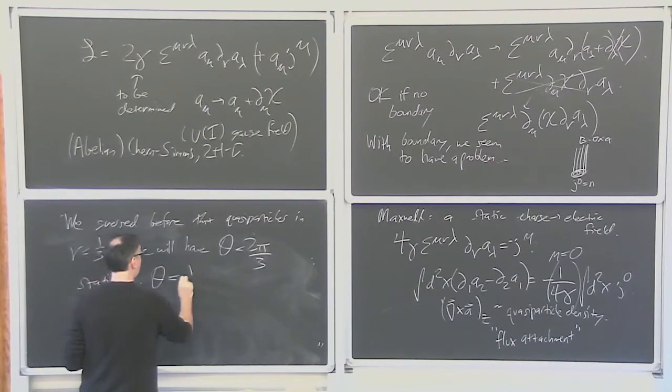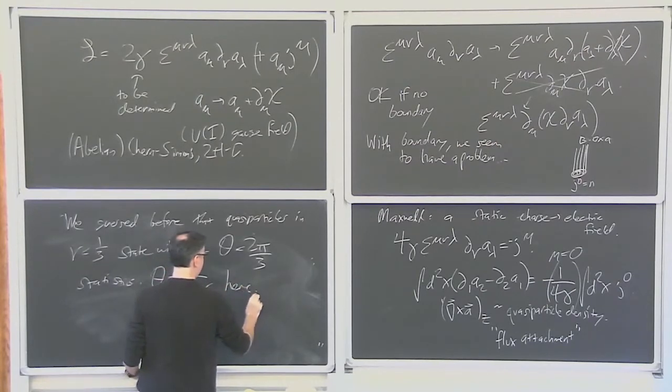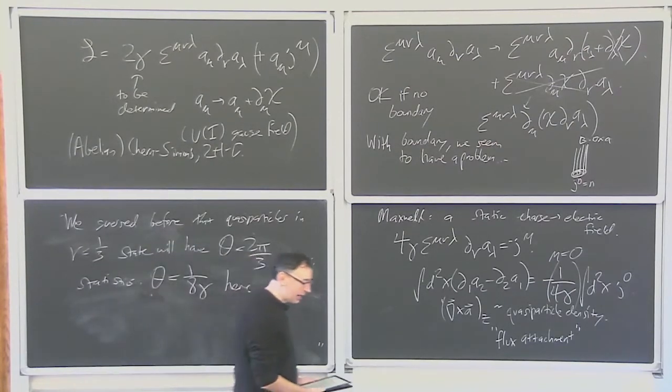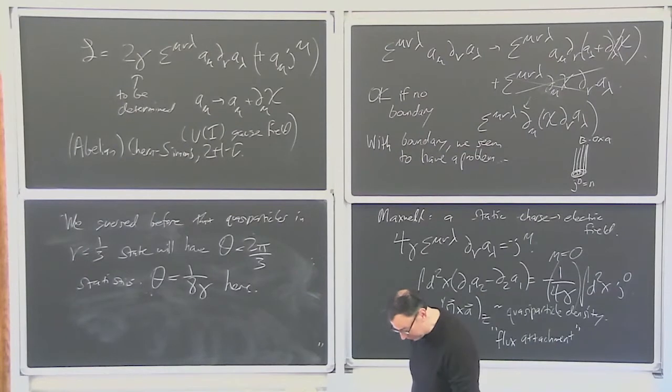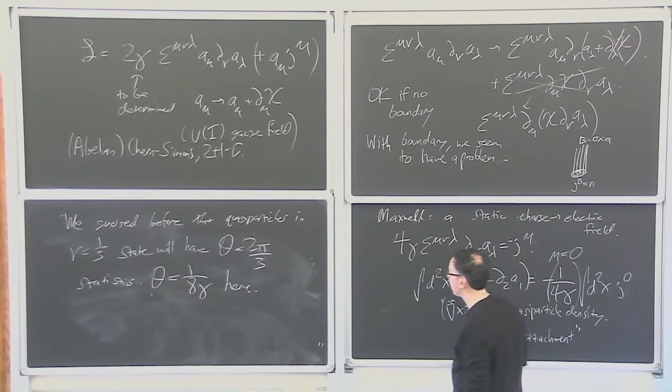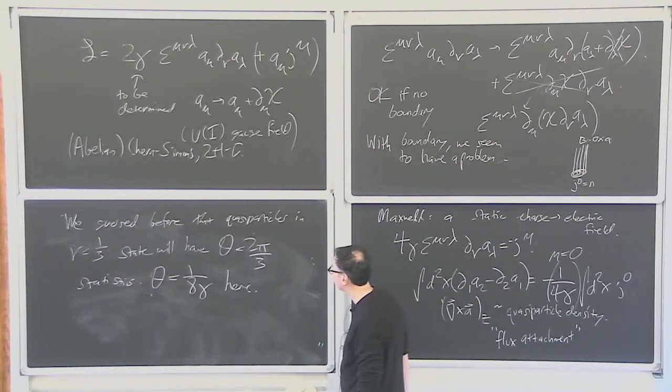And if we work out the factors, the statistics angle is 1/8 gamma, the way the proportionality between flux and angle works. Basically, when you want an exchange is not moving all the way around, an exchange is moving halfway around. That's why we went from 1/4 gamma to 1/8 gamma, if you care.